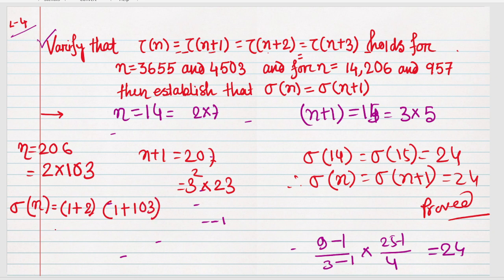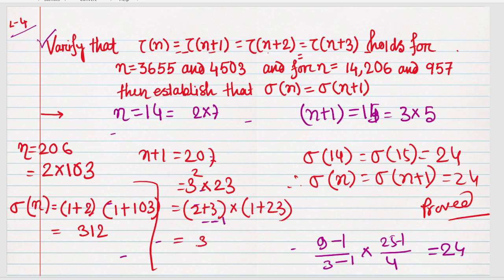That is 103. If we find the product of these two, we will have the answer 312. And similarly, we can add 1 plus 3 plus 9 into the product of 1 plus 23, then also we get the answer 312. So these are the two alternatives.